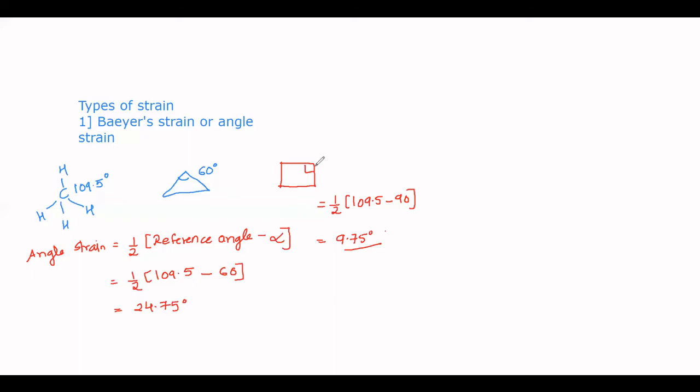So they are free to have more angle towards 109.5, and that's why angle strain goes on decreasing. So angle strain is a deviation from the expected angle which creates strain in the molecule, which we calculate using this formula.